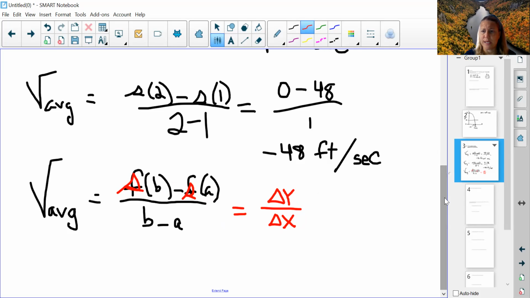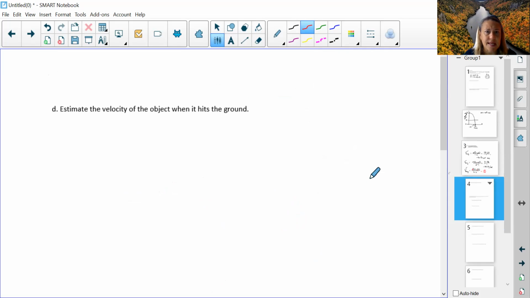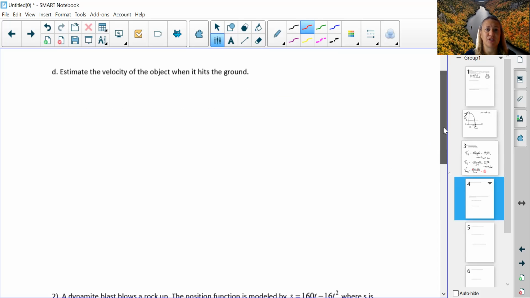So I have to have 2 points. How can I find velocity at the point 2, 0? That is where I am hitting the ground. Estimate the velocity of the object when it hits the ground. So I hit the ground at the point 2, 0.